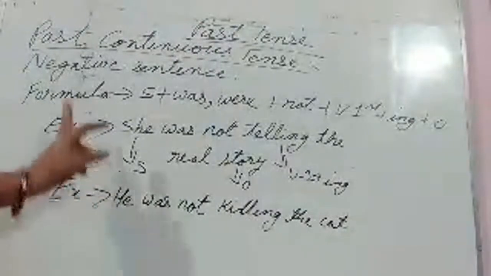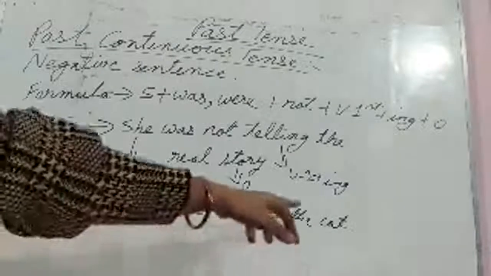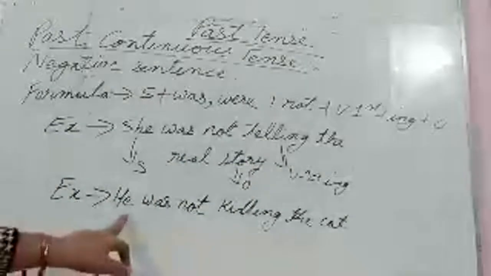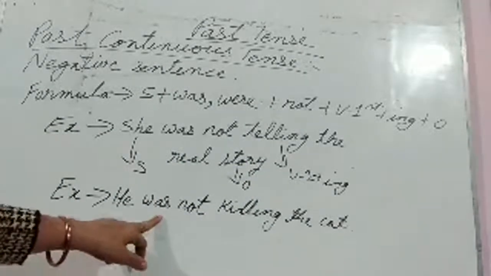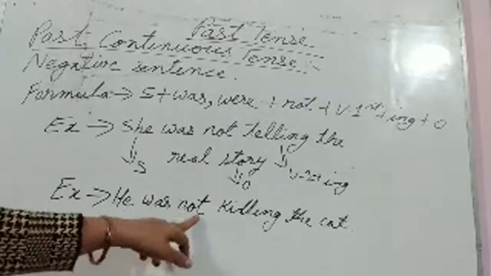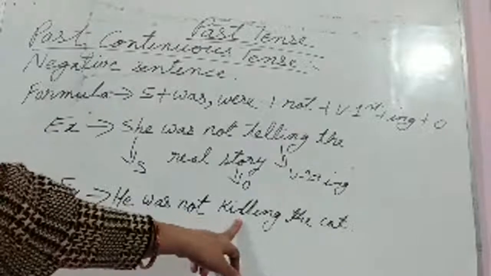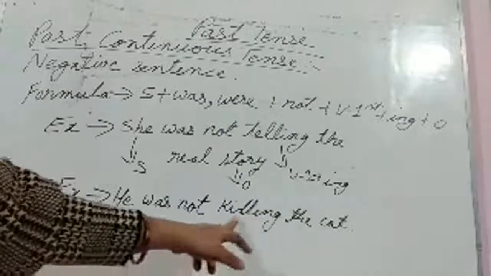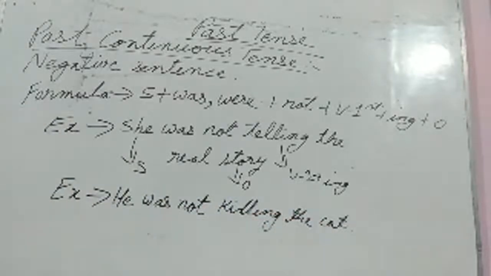The next example for negative sentence in past continuous tense is: he was not killing the cat. Here he is again your subject. Was, as the sentence is in past tense. So was not, as the sentence is again in negative form. Killing, it is in continuation, so it is a continuous tense. The cat, here cat is your object. So he was not killing the cat.